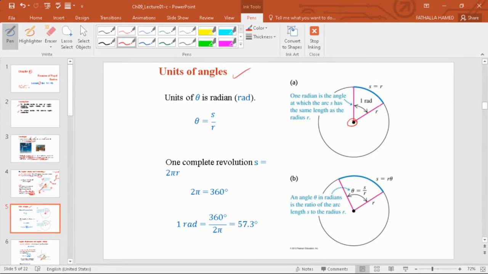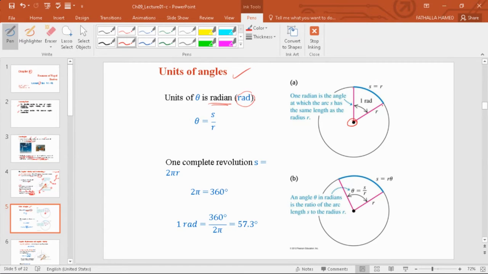Now, there is a definition that we're going to use for a unit that we're going to call rad, which is radian, and we're going to measure the angle in terms of these units here, the SI units. Now, what is the definition of rad?